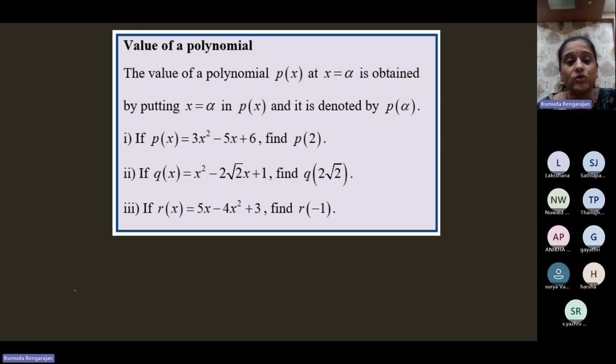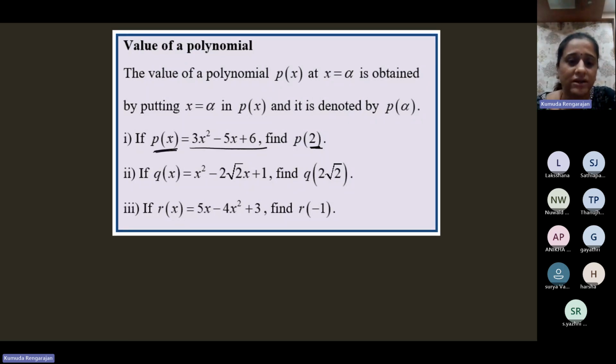For different numerical values of x, the polynomial will assume different values. So when x is 2, what is the value of the polynomial is what we have to find. That's the question here. If p of x is equal to 3x squared minus 5x plus 6, this is the polynomial. It's called p of x.